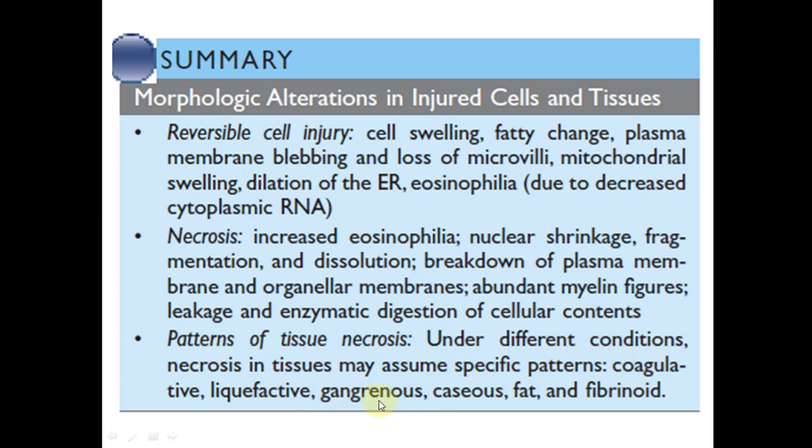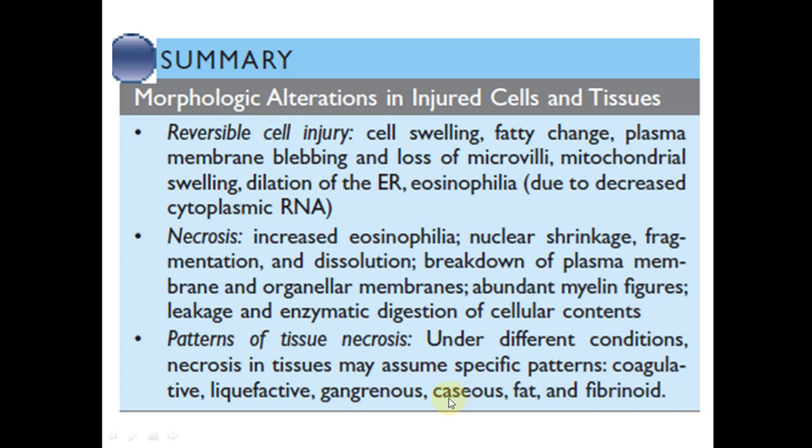Gangrenous necrosis is a combination of coagulative necrosis, and at that time it is called dry gangrene, and when there is superimposed bacterial infection, there is a type of liquefactive necrosis, and now it is known as wet gangrene.